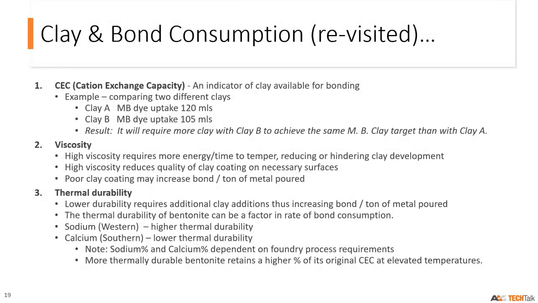For a tech talk dedicated solely to the subject of bond consumption, please refer to our past tech talk, which can be accessed on MTI Academy. There's also another tech talk titled Chemistry of Clay Activation that you may find useful. But the three key parameters listed here are really how American Colloid has designed the premier foundry clay.